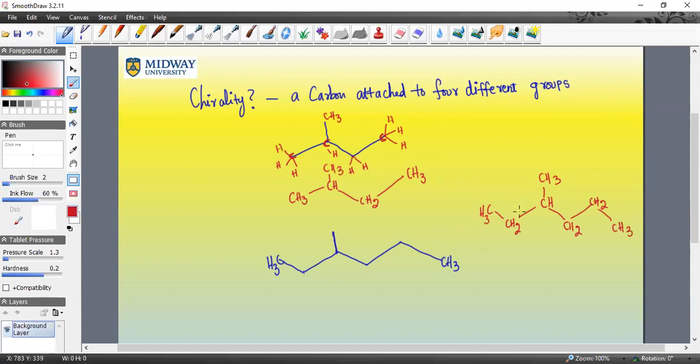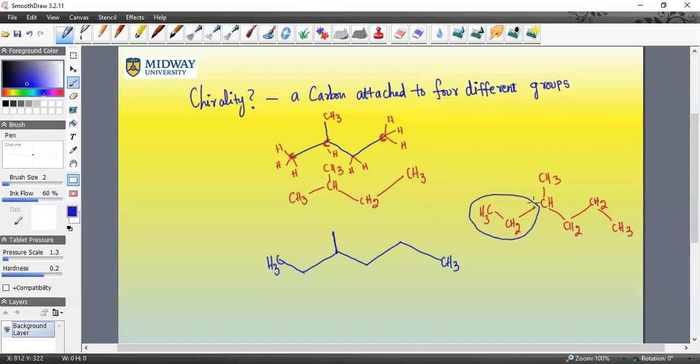Now, if you notice, this carbon can't be chiral. It's got 3 identical things. This one has at least 2, so neither of them are chiral. If you come to the 3rd carbon, you see that it's attached to a hydrogen and a CH3. On one end, you have this whole group.